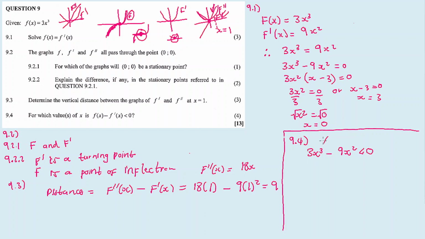Here is f of x and here is f prime of x. I'm subtracting the two. So 3x squared is a common factor, and then x minus 3 less than 0.